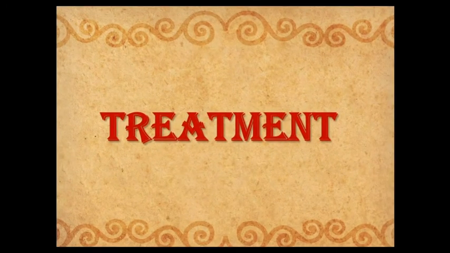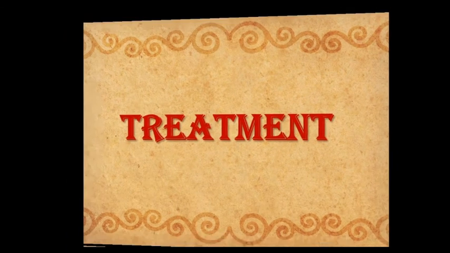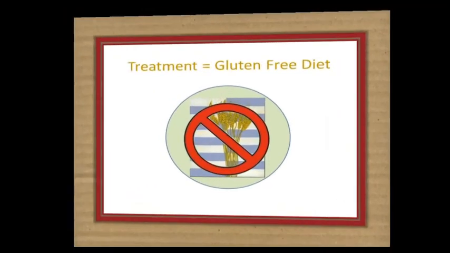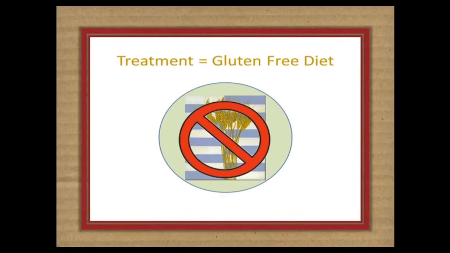Now, what is the treatment of celiac disease? You know, the treatment is very simple for us and is very difficult for the families who have patients with celiac disease. Why? Because it's very difficult to apply.